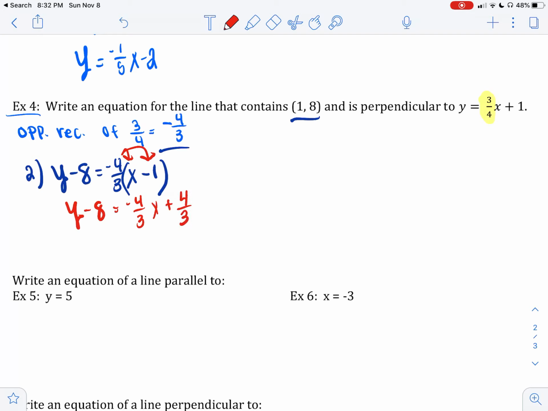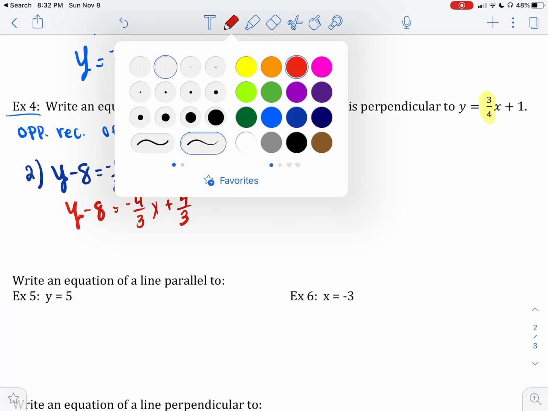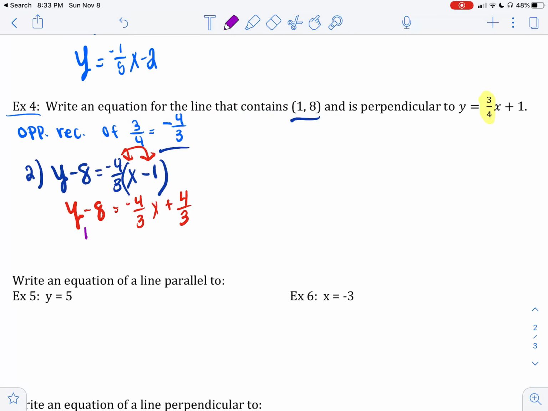Now we just want to keep solving for y, so we need to add 8 to both sides. So I would have y = -4/3 x, and I want to add 8 to 4/3. Over here to the side, I have 4/3 plus 8, which I can write as 8 over 1. When I'm adding, I need to find a common denominator, and my common denominator here would be 3.